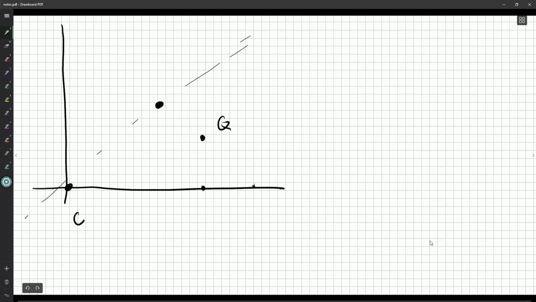O is the origin, and then B is somewhere out here. So we get OAB looks a little something like this. Okay. So what can we say here?